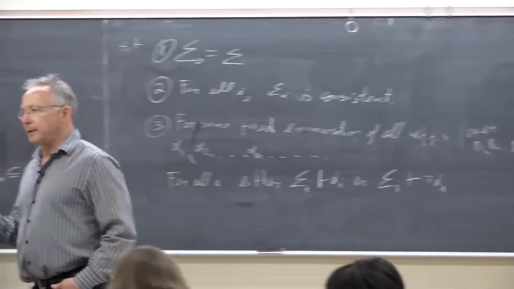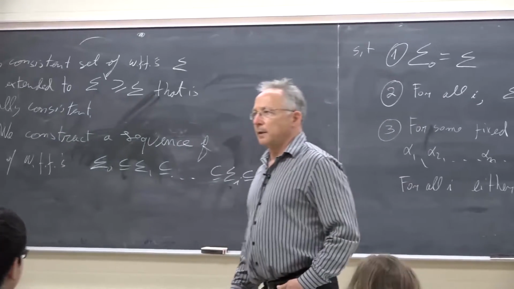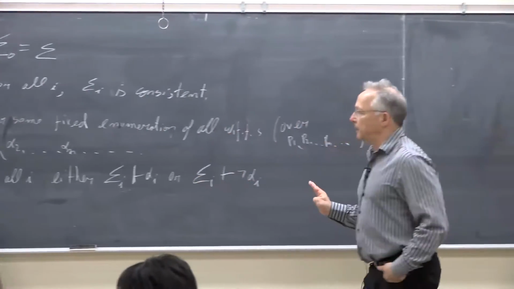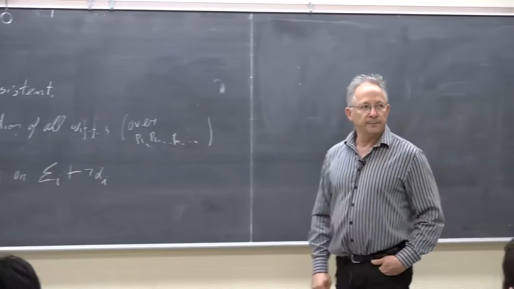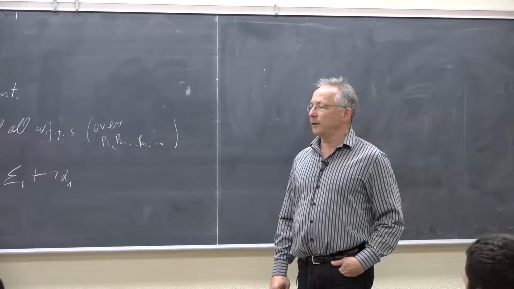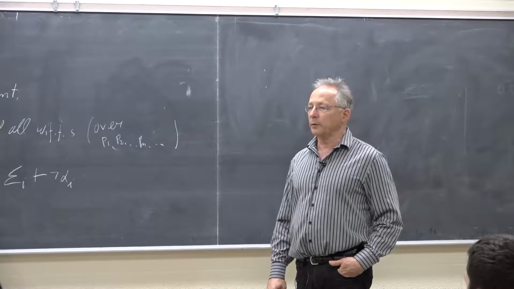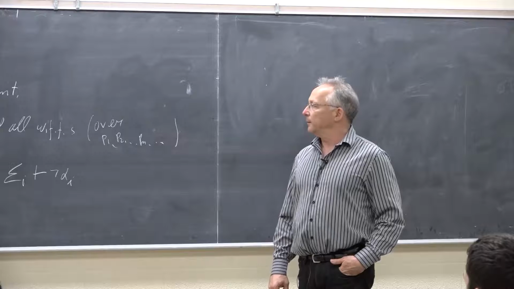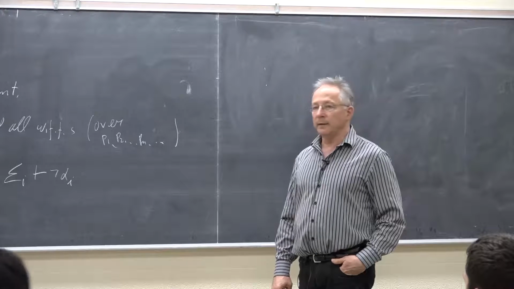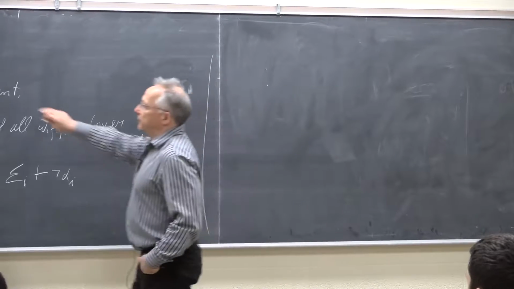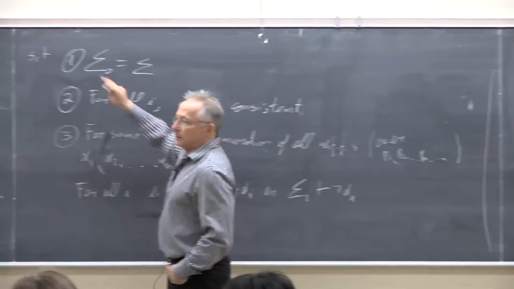So we construct this sequence. And what we did last time is that I showed you that this can be constructed. I gave you an inductive definition of the construction, what to do at stage I plus 1, assuming you have already managed to get to sigma I. So the construction was just based on that. For sigma 0, we know how to start.